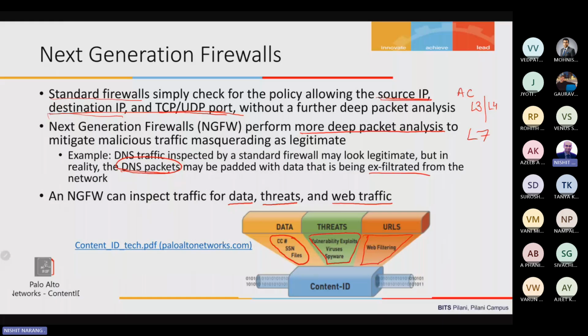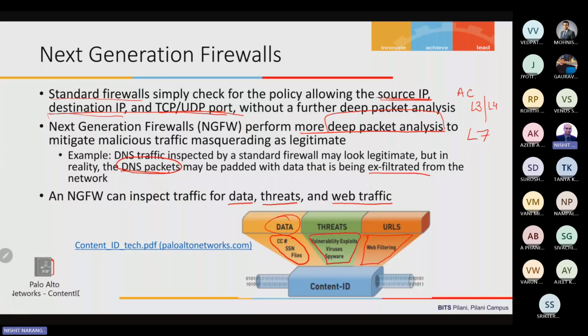When you do a deeper packet analysis, the biggest concern is how much time it requires to investigate one packet coming into your network, and that adds to the latency. And if you are investigating for three different kinds of threats, looking at the data for confidential information leaks, threats, and malicious URLs, and each of them is done in a sequential fashion, then it adds to the latency.